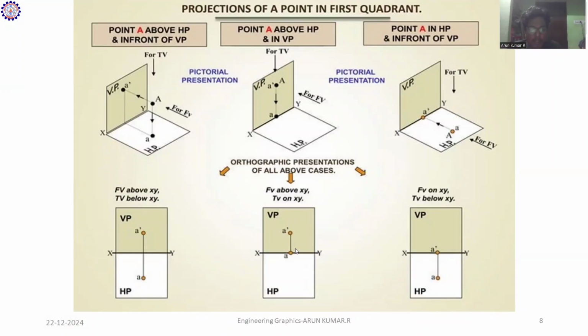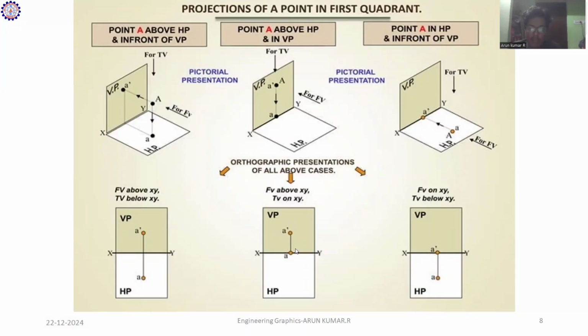In problems, the dimensions are given in mm. First convert them into centimeters, and write all dimensions in your drawing sheet above the title box. A dash is above the HP and A is below the HP in the drawing. That is the meaning of the first case in the pictorial representation.